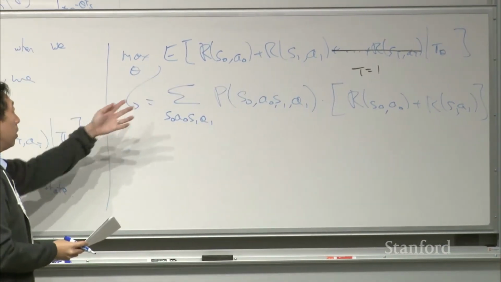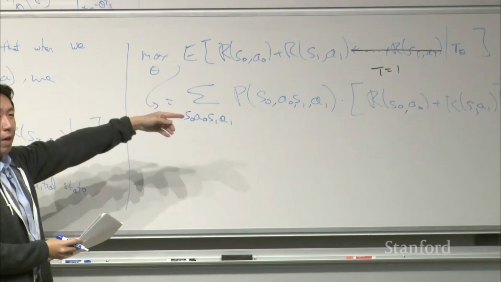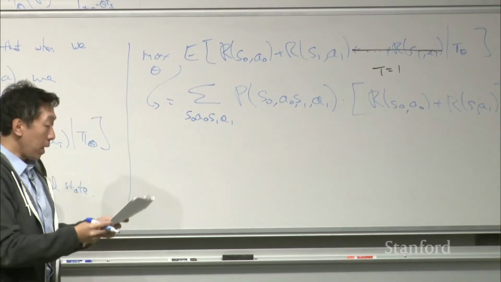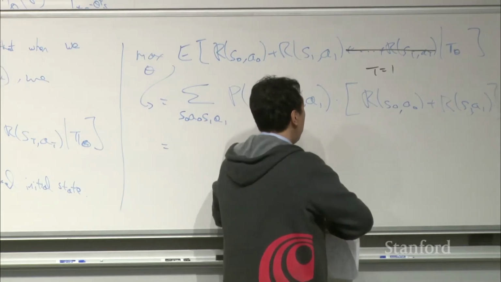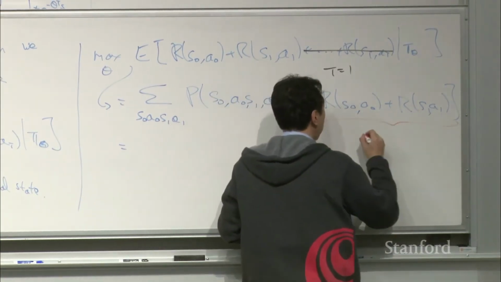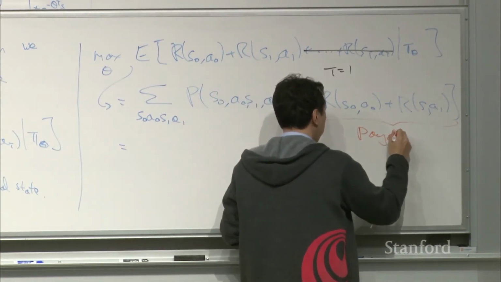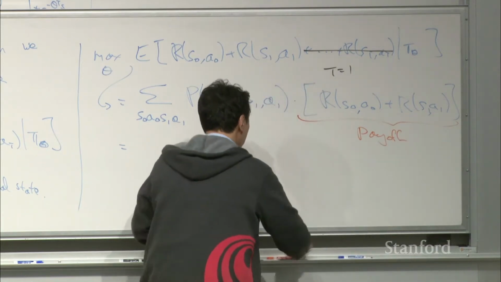So that's what it means to compute the expected value of the payoff. And so instead of writing out this sum, I'm just going to call this the payoff. Right?